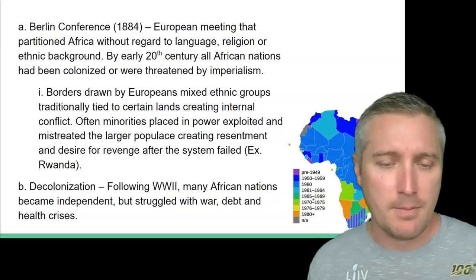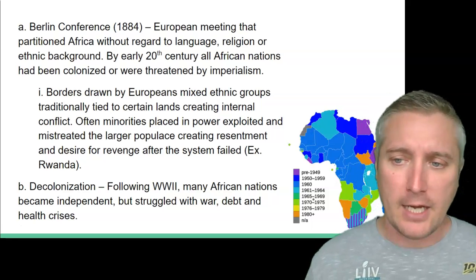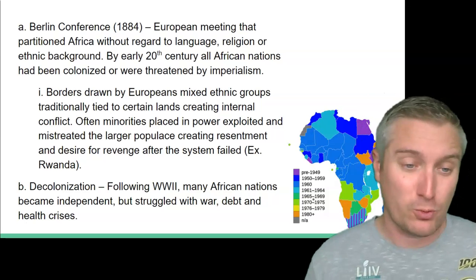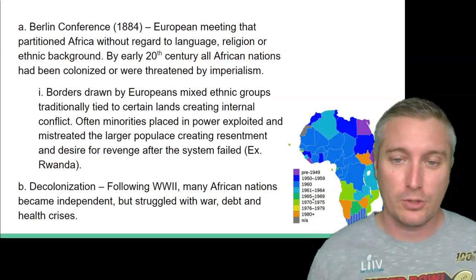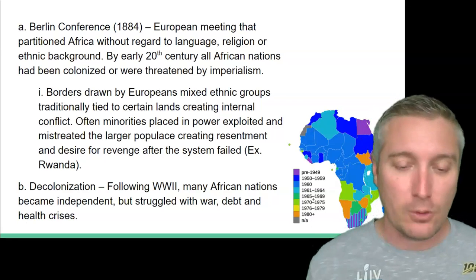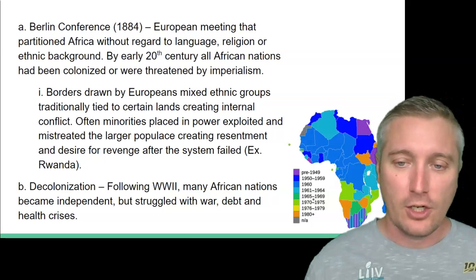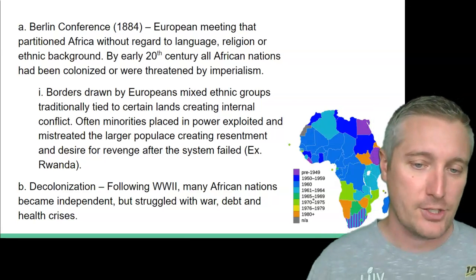The Belgians came in and they worked with the minority group there called the Tutsis. And when the Belgians left, all of a sudden the majority group, the Hutus, wanted revenge against the Tutsis for collaborating with the Belgians for so long, and it led to immediate war and, frankly, a genocide. So we will see that later on. So, the problems of today are rooted in the history of the past here.